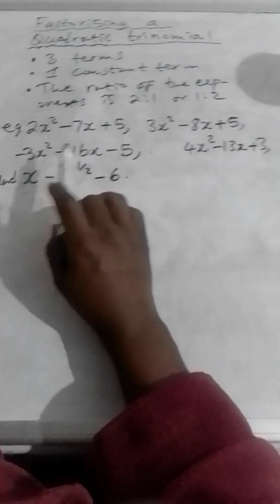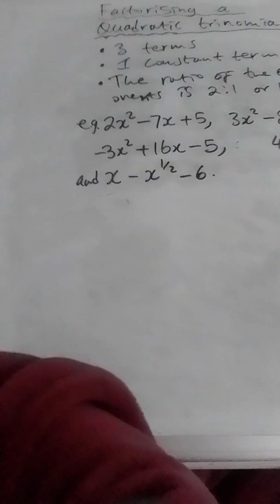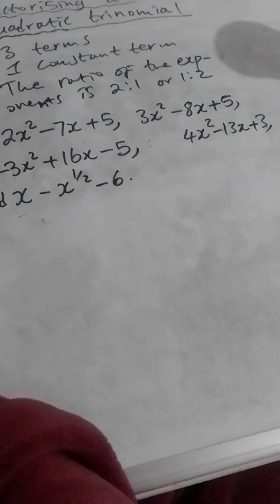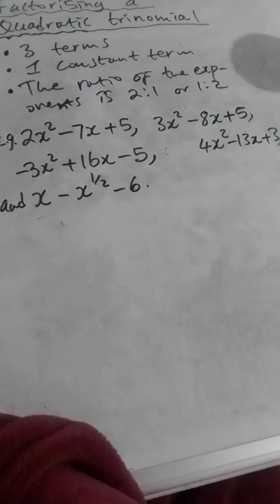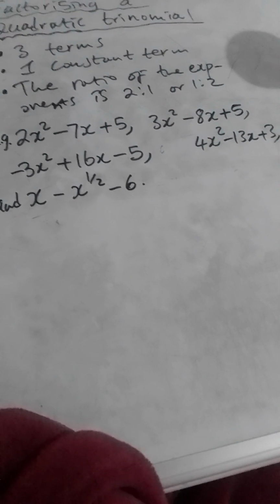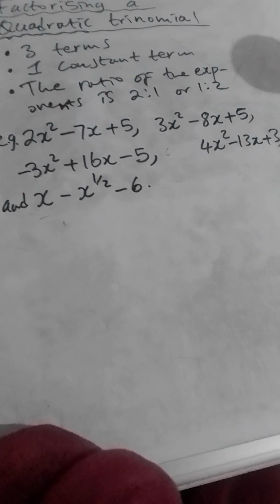So how do we factorize this in these grade 10 problems? I'm just going to write the problems on the side so that we can write the method. 2x squared minus 7x plus 5, then we have negative 3x squared plus 16x minus 5, then we have 4x squared minus 13x plus 1.